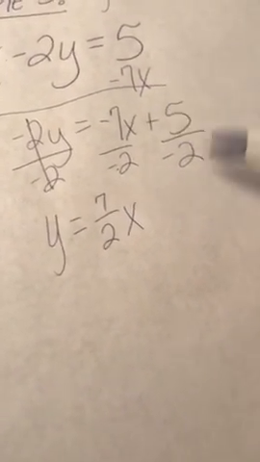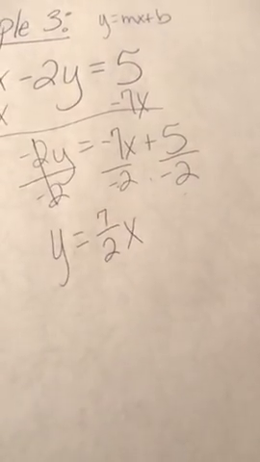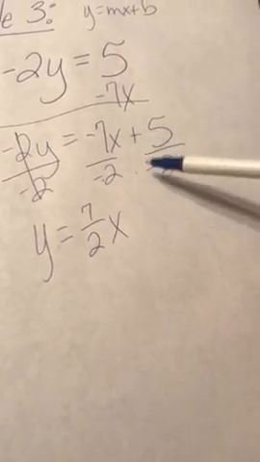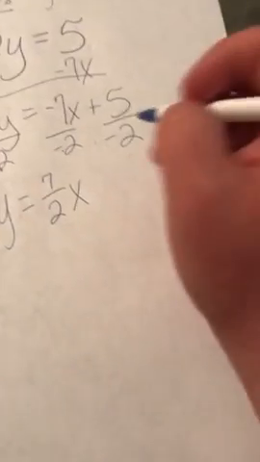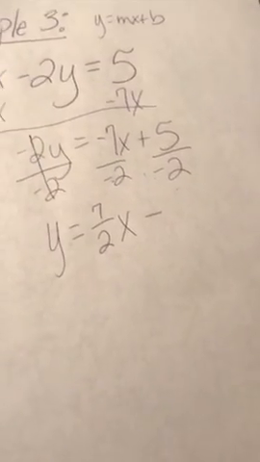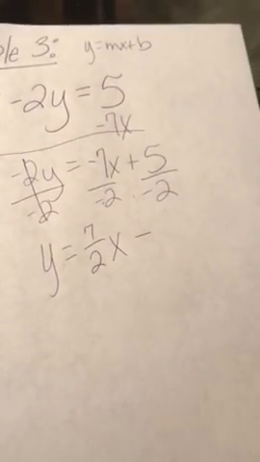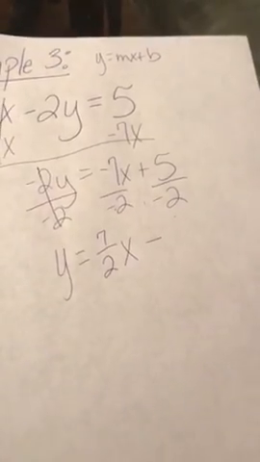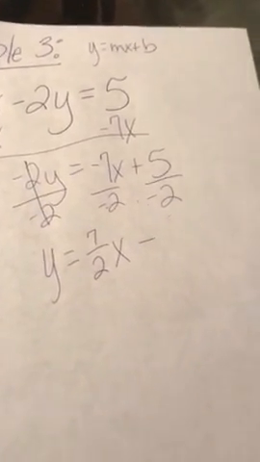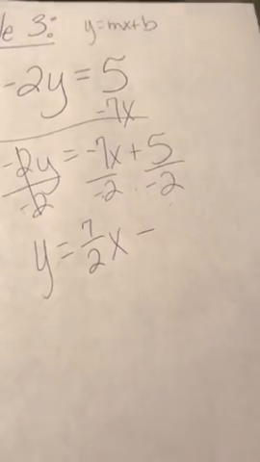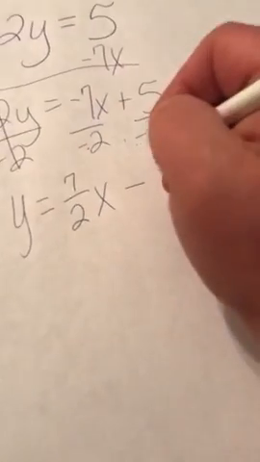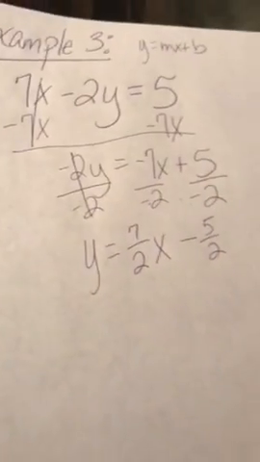Now here's the part that looks weird. I have a positive divided by a negative, and we all know that that's a negative. And then I have 5 divided by 2. So I am taking 5 and splitting it into 2 equal pieces. Again, I know that's going to give me a decimal, so I can leave it in fraction form as well.